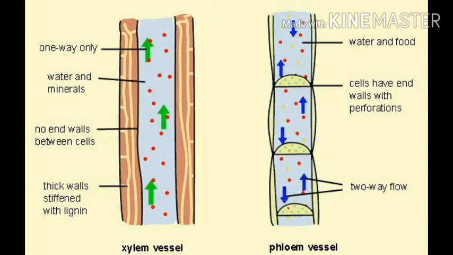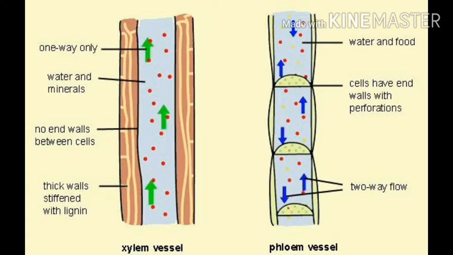Among all four, only tracheids and vessels are responsible for transport of sap, water and minerals, which are tubular and allow transport of water and minerals vertically.